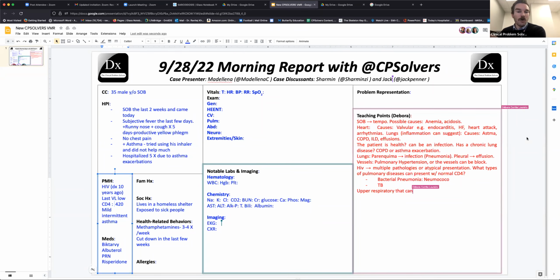But then we also have to hold in the back of our mind the reality that this is an individual who is at an increased risk for bacterial pneumonia, and realize that the risk of pulmonary tuberculosis is there just by virtue of the HIV infection. And so that's going to give us a much lower threshold to think about testing for pulmonary tuberculosis in any individual who has HIV and is presenting with new inflammatory pulmonary symptoms.